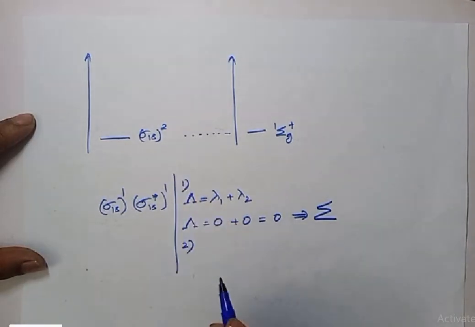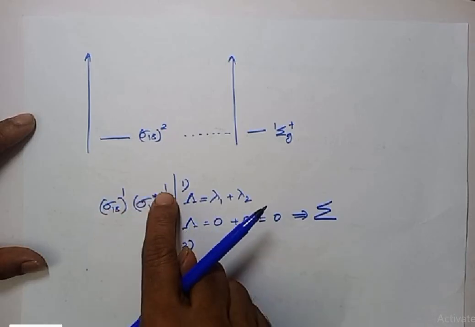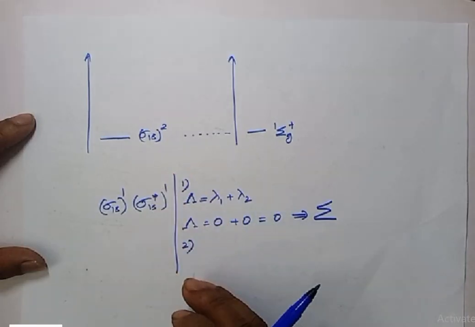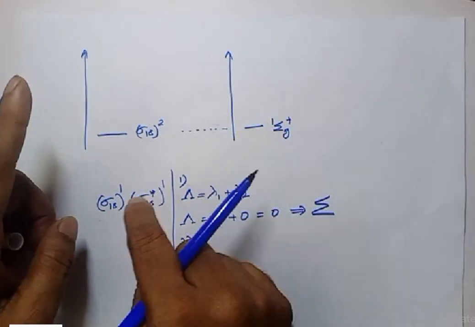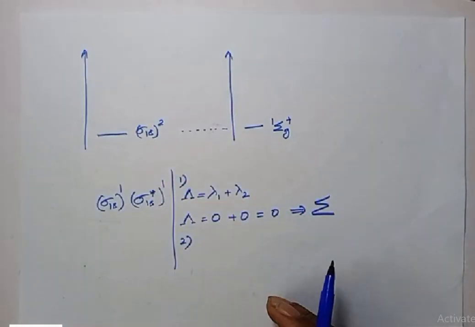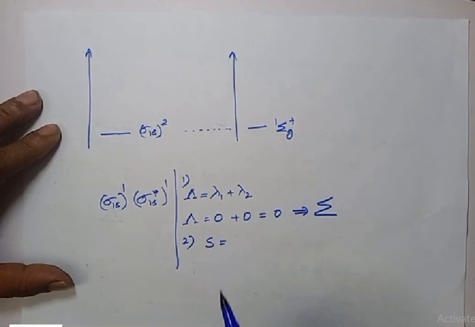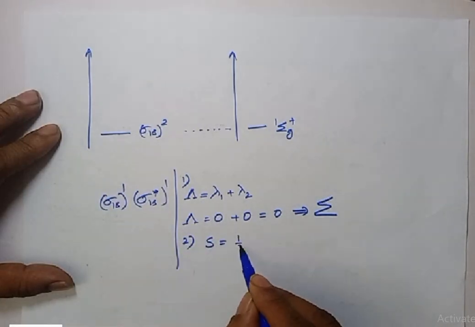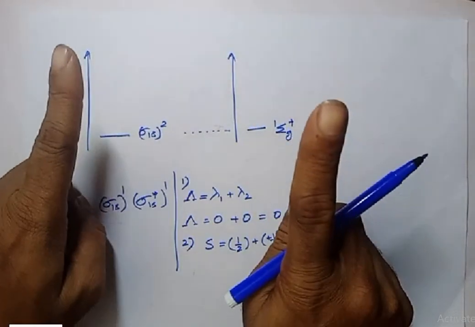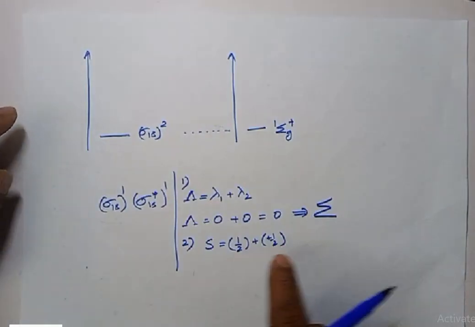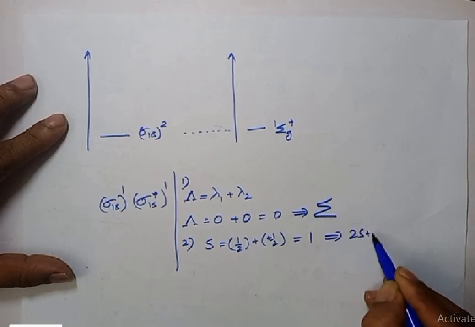Point number 2, we'll see the multiplicity. Now this electron is present in one molecular orbital, sigma 1s, and this electron is present in a different molecular orbital. In this situation, both electrons may have the same spin, or the electrons may have opposite spin. There are two possibilities. If one electron has plus spin and the other electron also has plus spin, both having the same spin, then S is equal to 1, so 2S plus 1 equals 3.